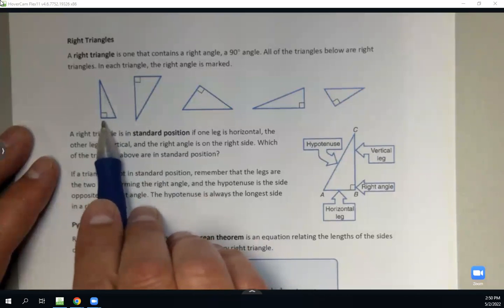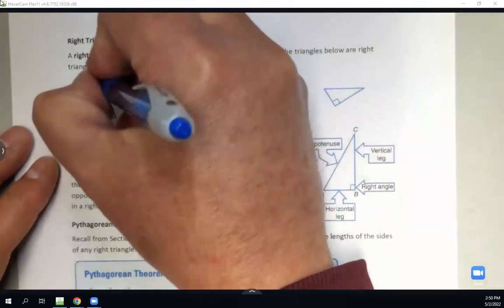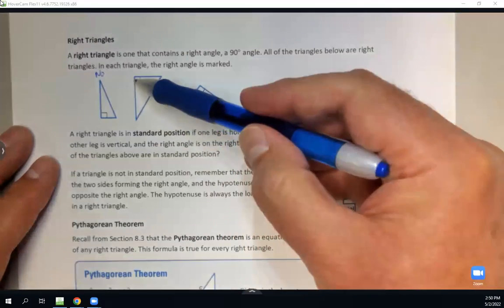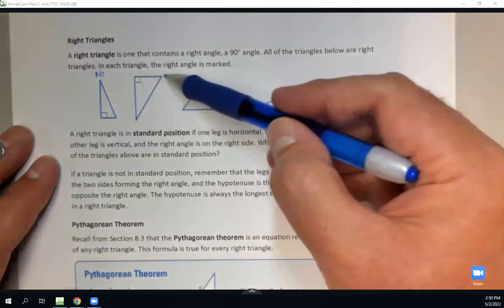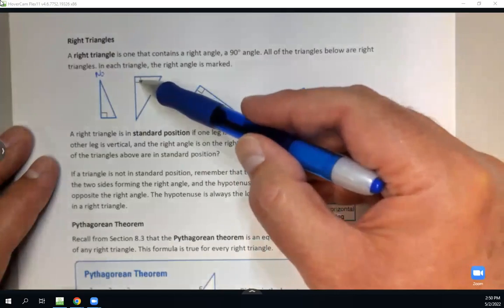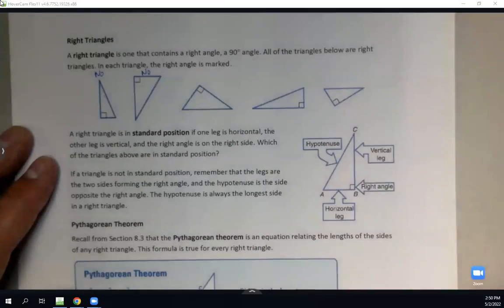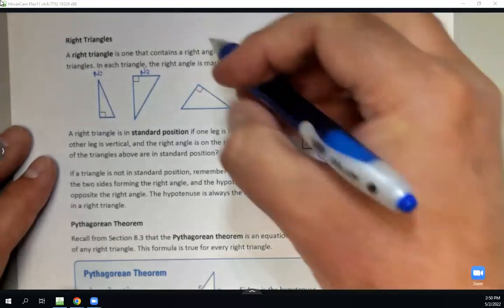So that's not considered standard position. So this is not standard position, okay? One leg is vertical, one leg is horizontal. The right angle's on the left side. So this is not in standard position, okay?